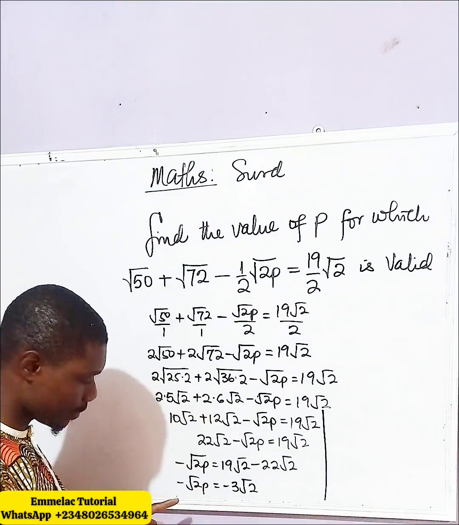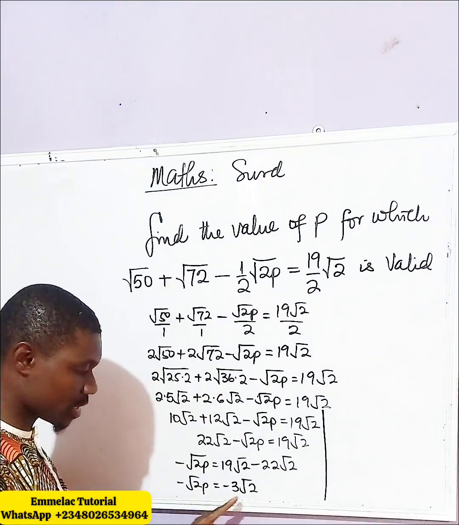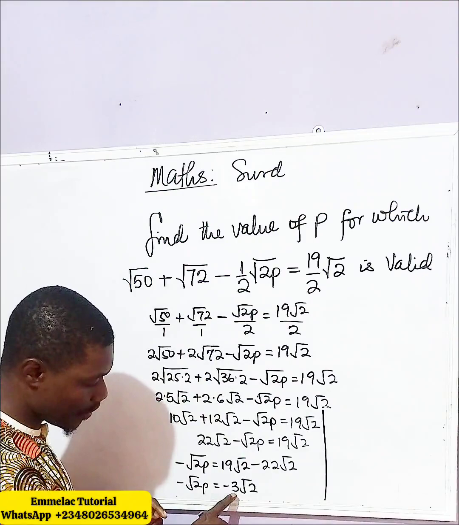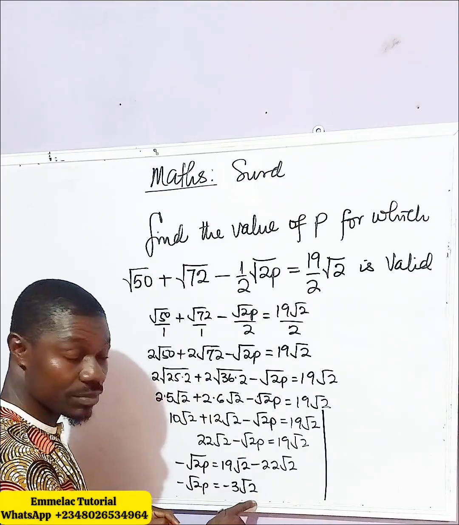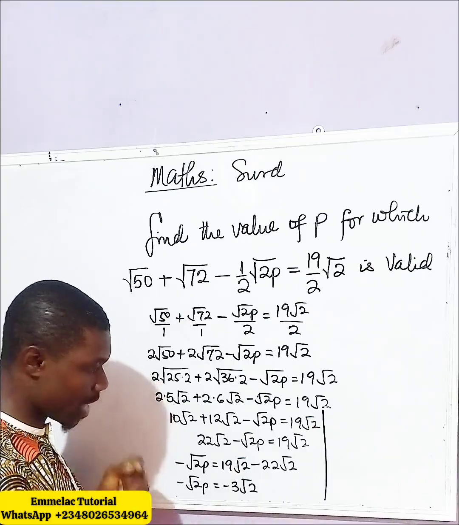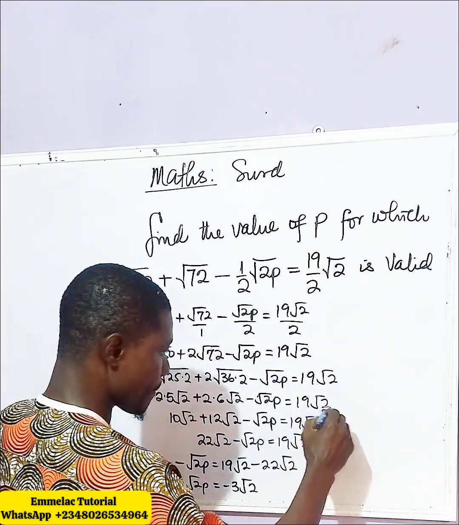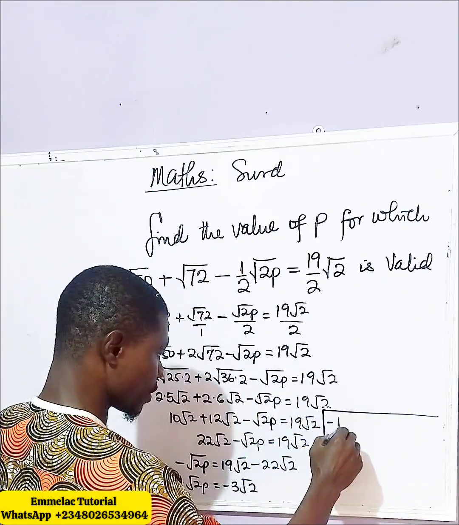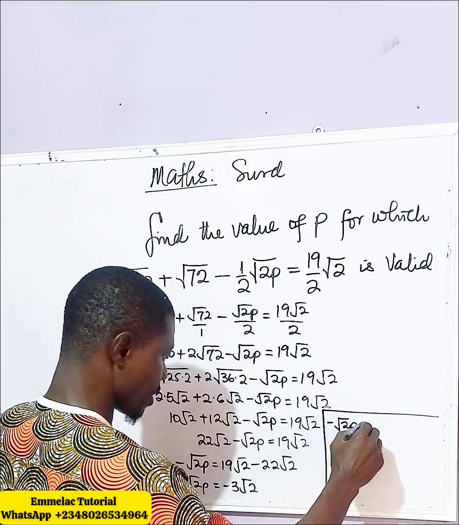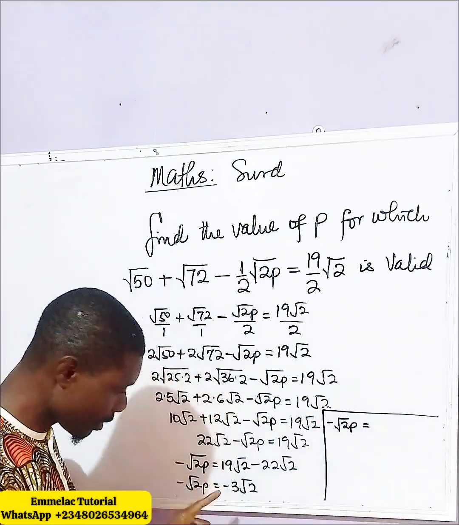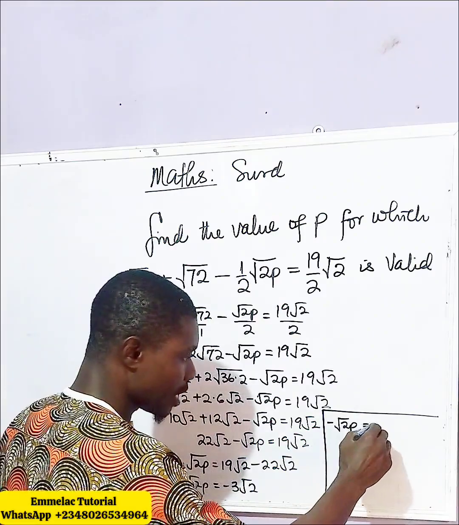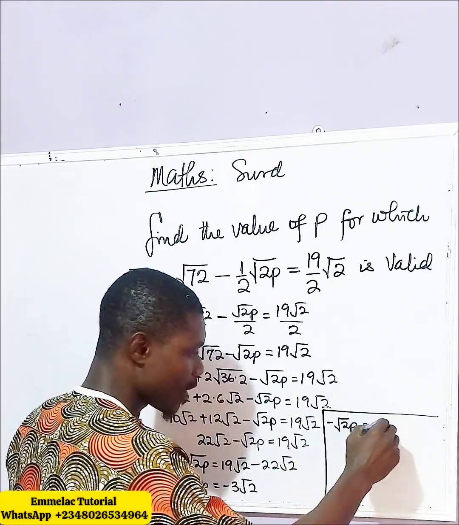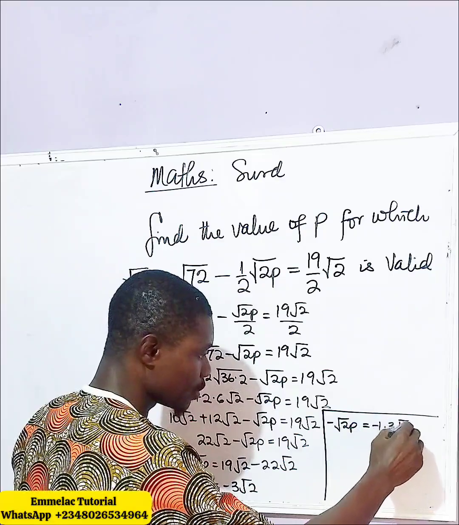Now let's do this so that we won't complicate issues. Looking at this term here, I want to move this 3 down into the brackets, which implies that negative the square root of 2p will be negative 1 times 3 root 2.